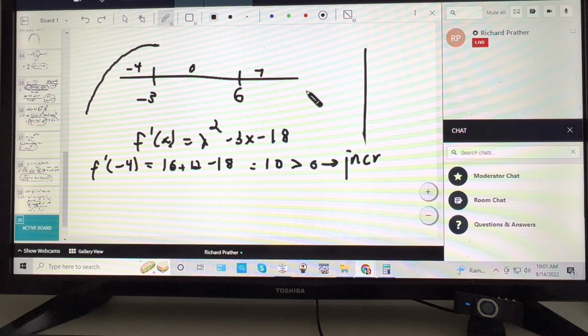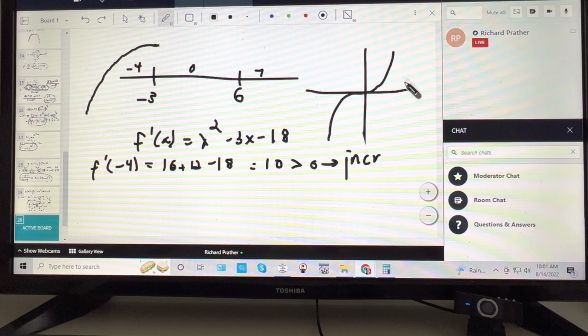Because the parent function for cubics, it's flat for that moment right at 0, but then it keeps going up. So if you just have x cubed, the parent function of cubics, it doesn't turn around and go back. It's increasing forever, just that one moment in time it's flat. This one's always increasing and it doesn't have a local max or min. Not every cubic does.